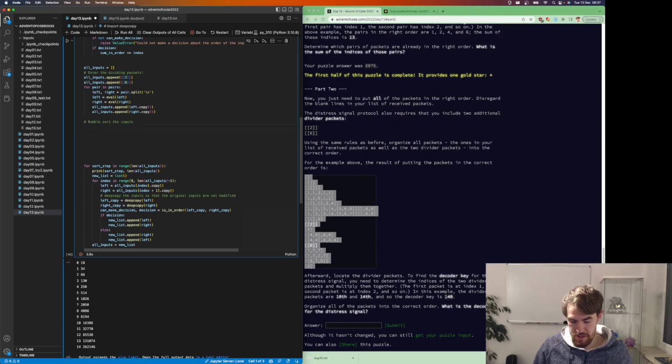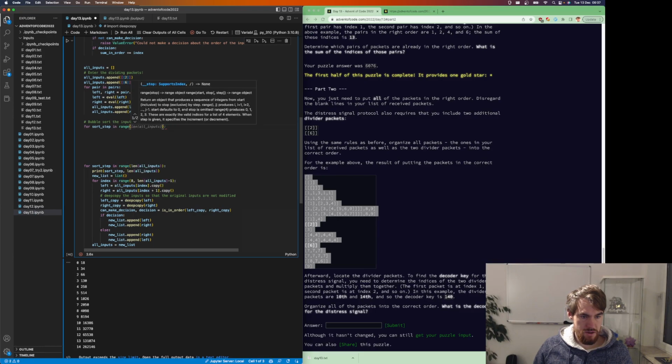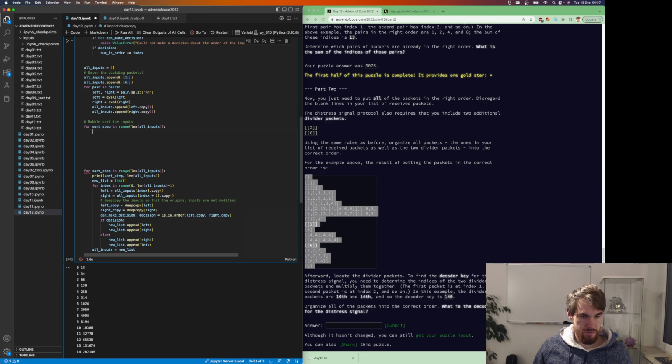So what we do is sort step in range for the length of all inputs.